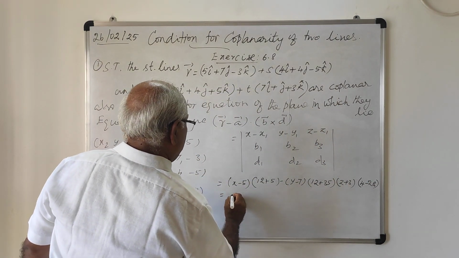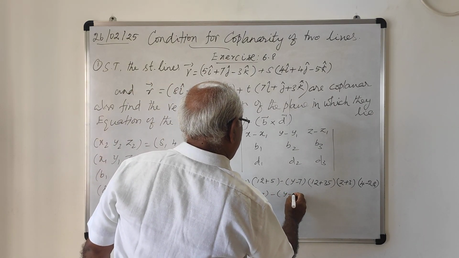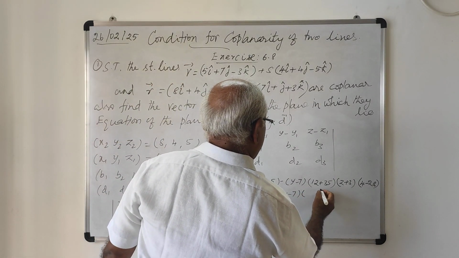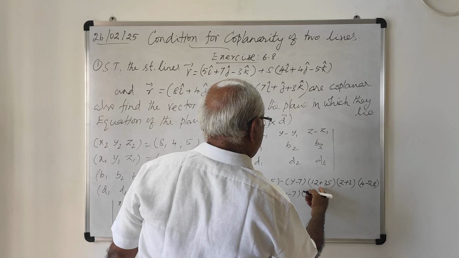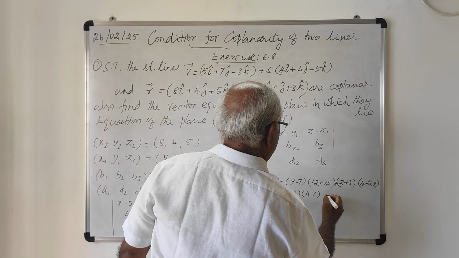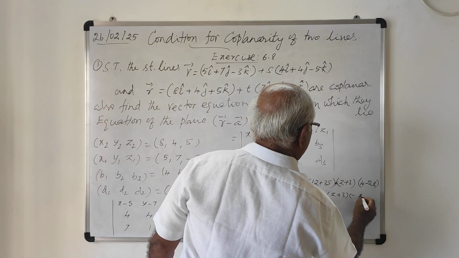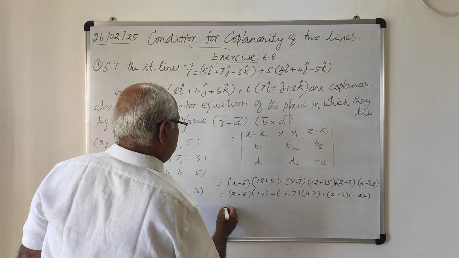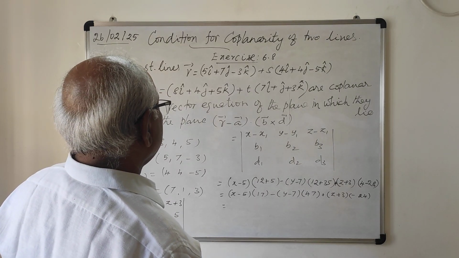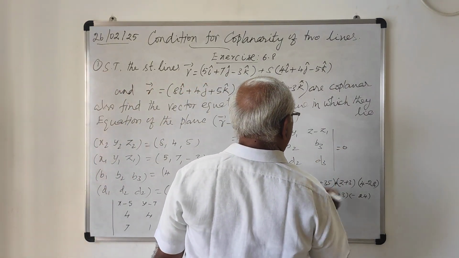This is equal to x minus 5 into 17 minus of y minus 7 into 47, plus z plus 3 into minus 24. So that is equal to what? It is equal to 0, is it not? The determinant value should be 0.